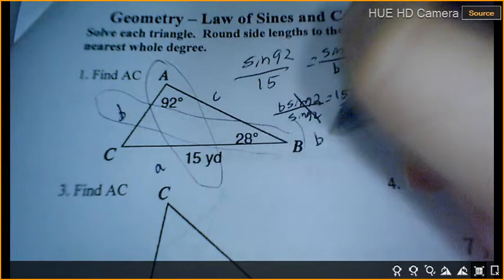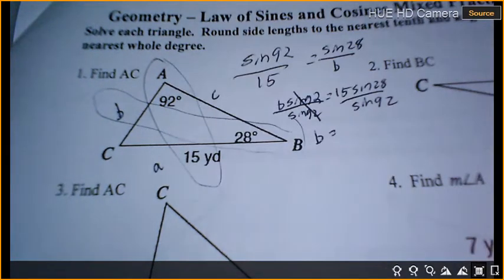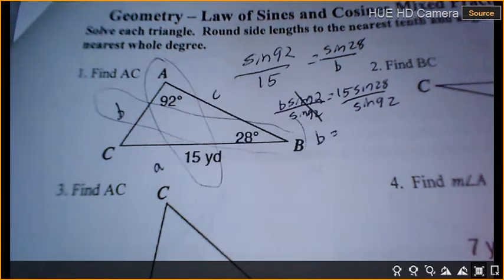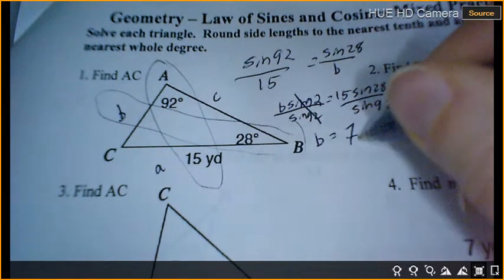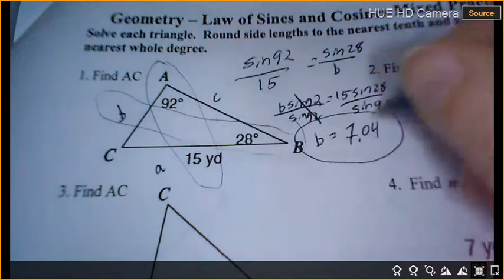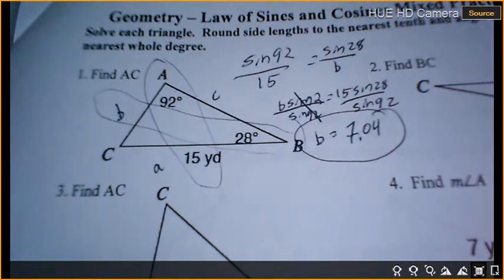And I'm just going to put that exact thing in my calculator. I like to hit the control divide because it makes the fraction. And I hit 15 sine 28 divided by sine 92. I get 7.04 and I'm done. Because it says between capital A and capital C, which would be little b.